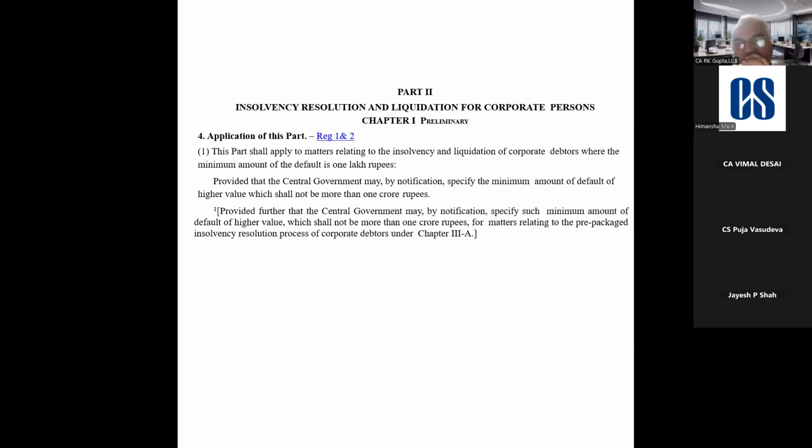But then they issued a notification and by virtue of that notification, the prepack amount shall be 10 lakhs. So the minimum amount they have specified by notification is 10 lakh.